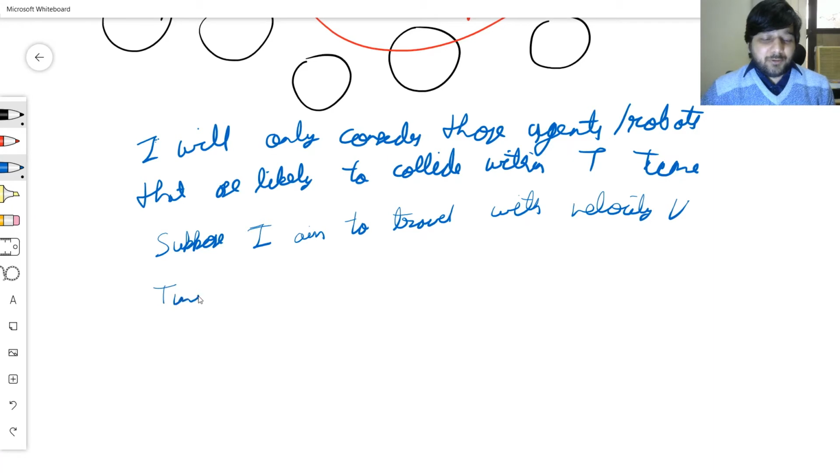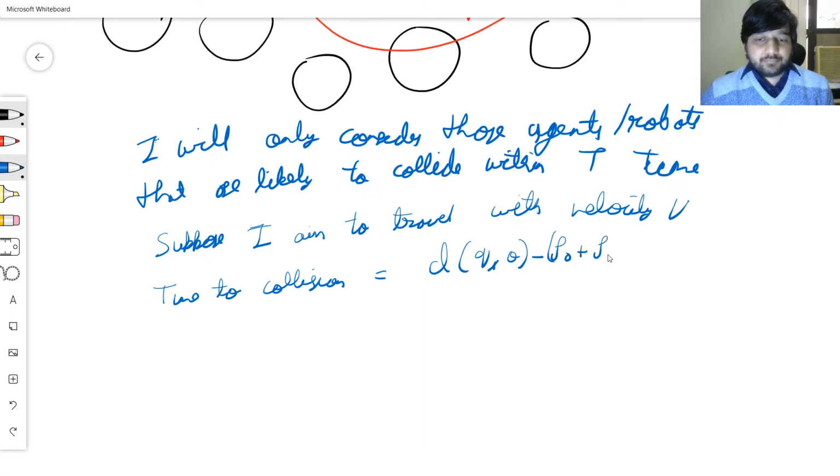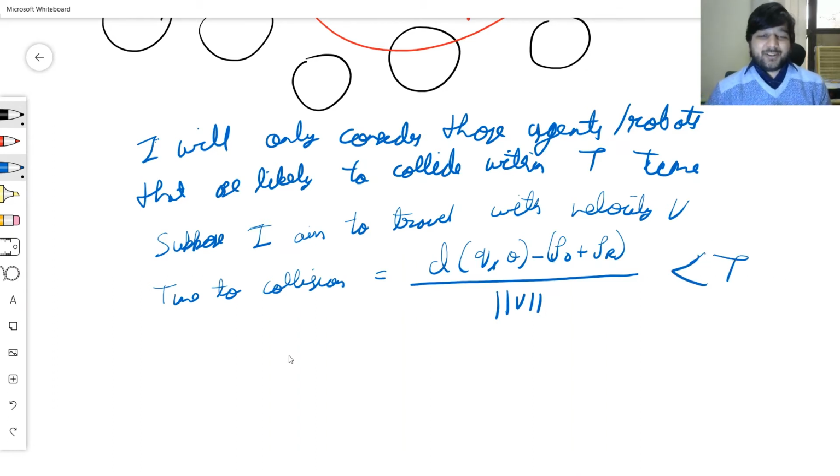So the time to collision is equal to distance divided by speed, and this has to be less than t, which gives me that I can only select the magnitude of speeds.